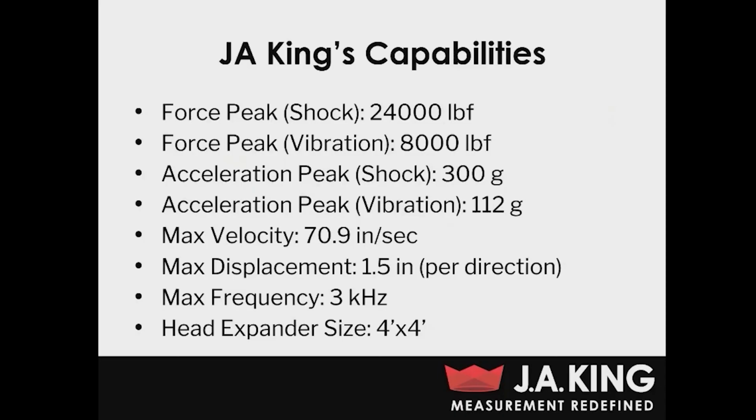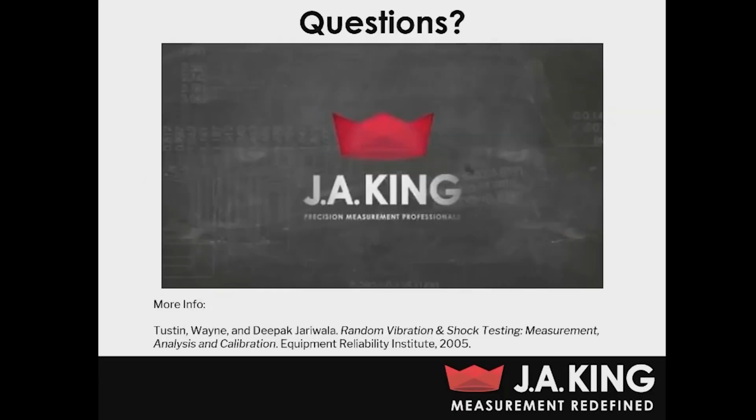So if we're talking about peak-to-peak displacement, that would actually be twice that, so it would be 3 inches. Our max frequency is 3 kilohertz, and the head expander is 4 by 4 feet, and that's actually the same size for our slip table as well. However, if we need to reduce weight at all for your test, we can actually create a fixture that's going to bolt directly to the armature rather than utilizing the head expander at all.